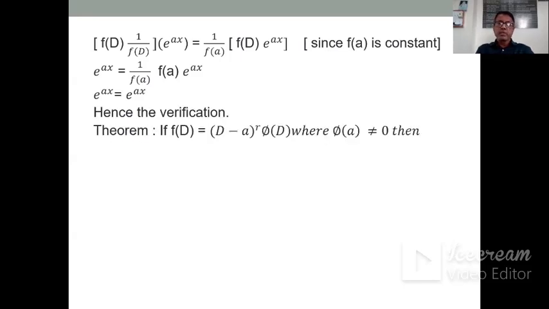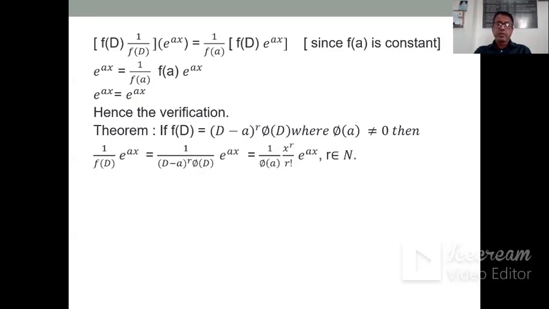See, this is the statement of the theorem. If f of D is equal to (D minus a) to the power r into phi of D, where phi of a is not equal to 0 and r is a positive integer, meaning r is a natural number, then 1 upon f of D operate on e to the power ax is equal to 1 upon (D minus a) to the power r into phi of D operate on e to the power ax.